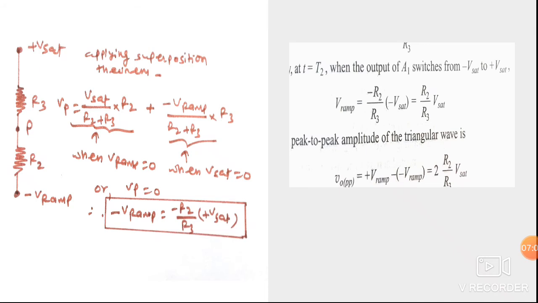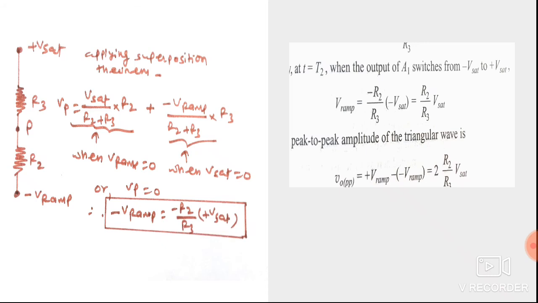Again, when we kill this source, we operate the other source. So when minus V ramp is operating, the output can be written as minus V ramp divided by R2 plus R3, into R3.